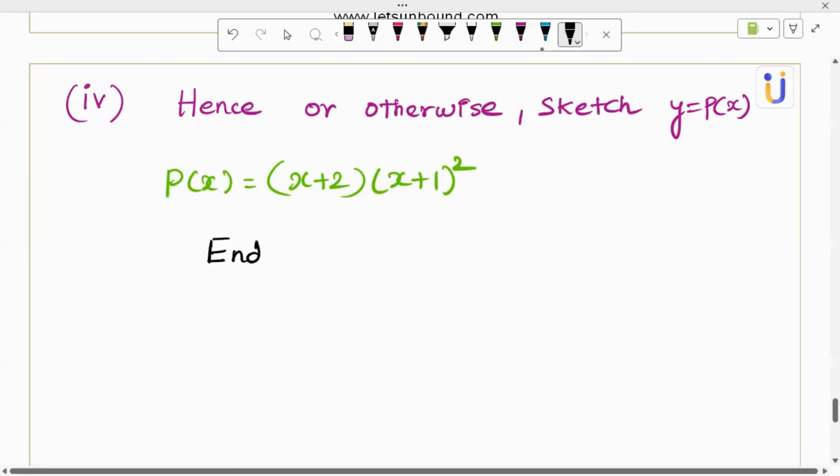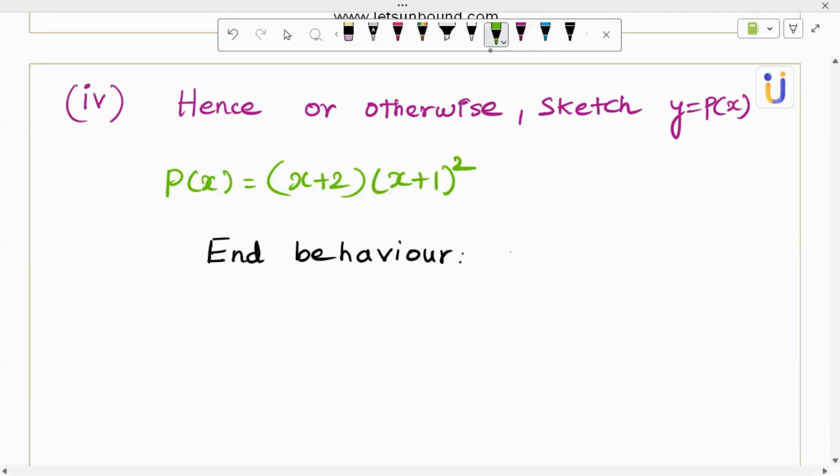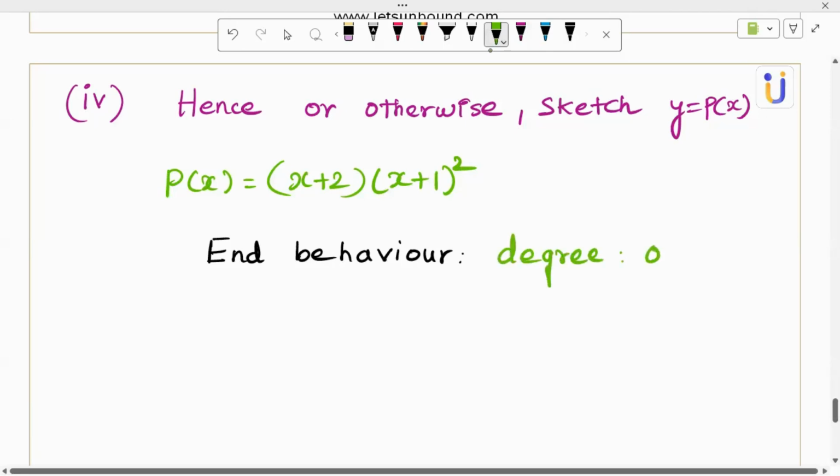End behavior of the graph. How will you test the end behavior? So degree we need to check. Degree is odd, it's a cubic. So you have to maintain a cubic structure for the graph. And the leading coefficient is positive for sure.